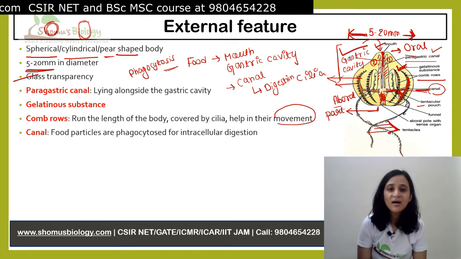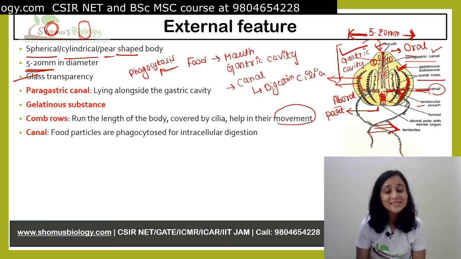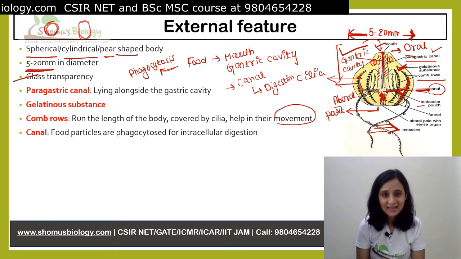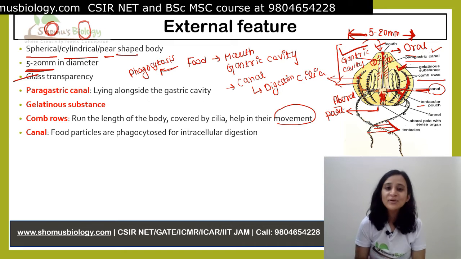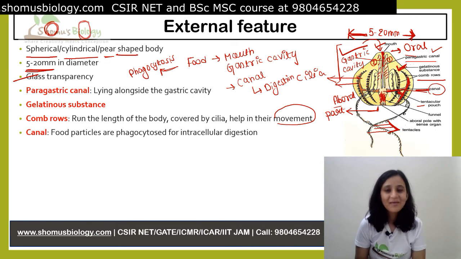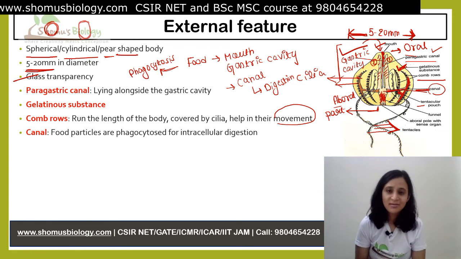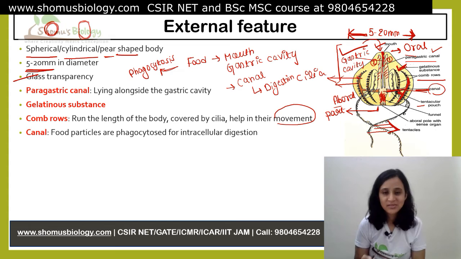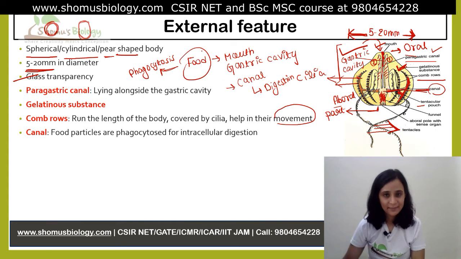Those cells are found in the canal. Through phagocytosis foods enter, and then they are digested inside the cell by the enzymatic actions of some organelles like lysosomes. So foods are getting digested in this way.